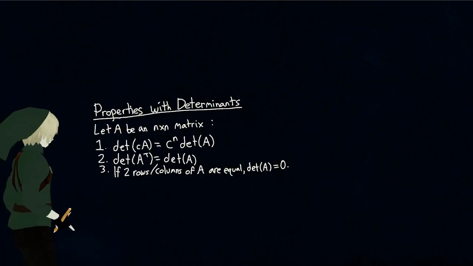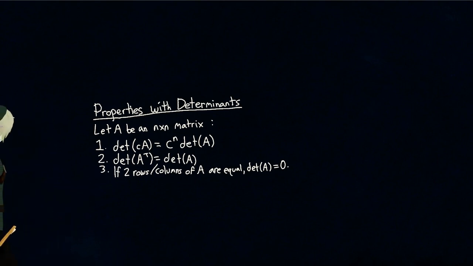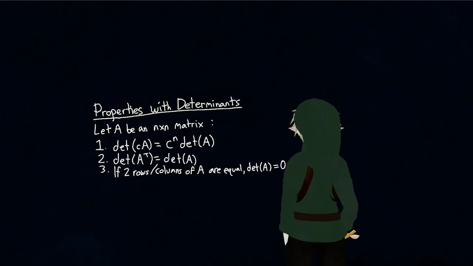Okay? So if you have two rows or two columns of A that are equal, the determinant of A is going to equal 0. Okay, let me show you what I mean by that.